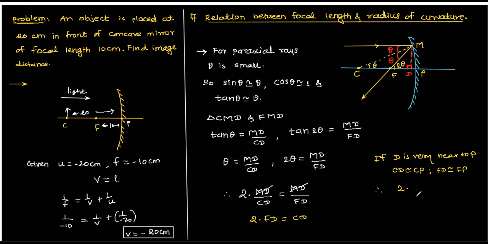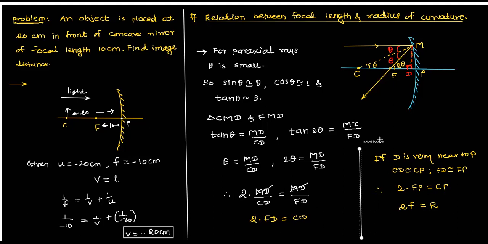So 2 into FP is equal to CP, and therefore 2 times F is equal to R. Is that clear? Hence you got the relation like this.